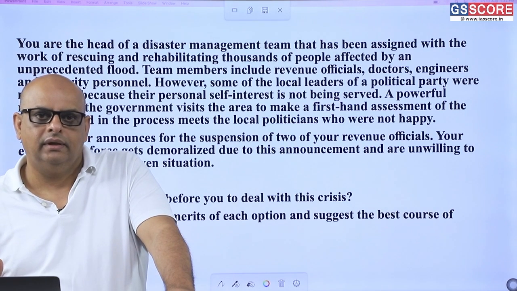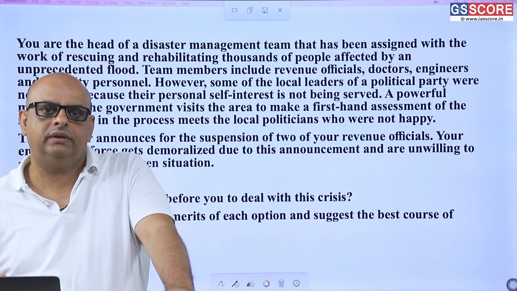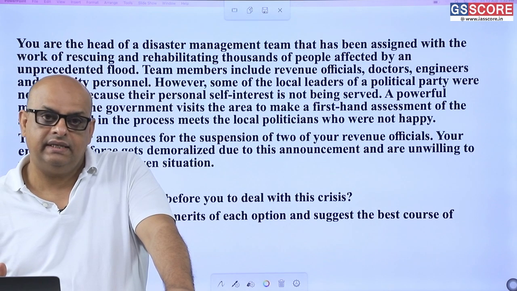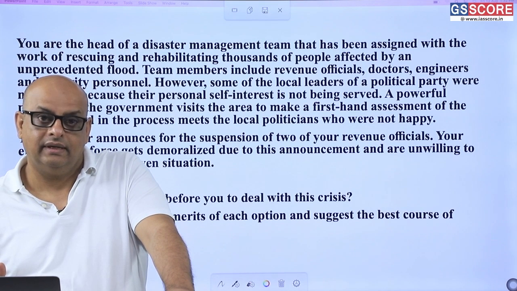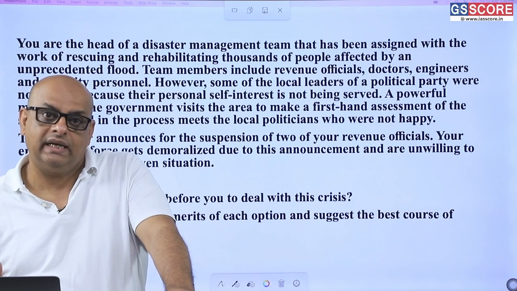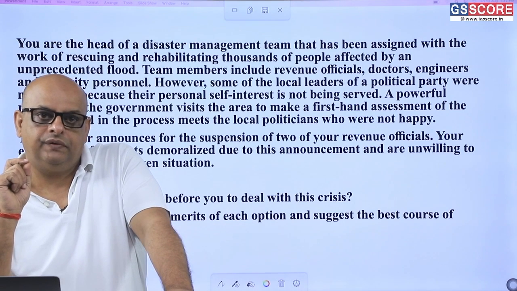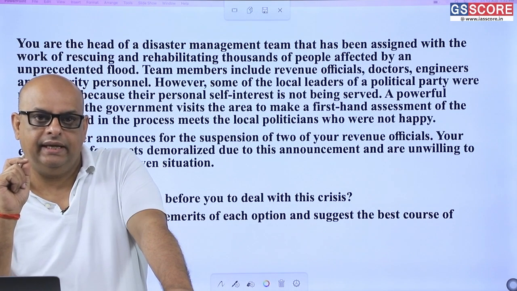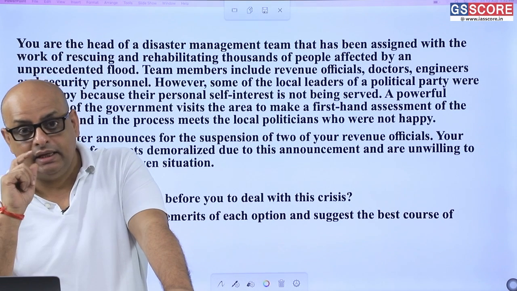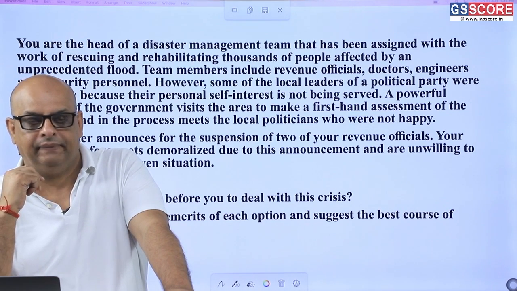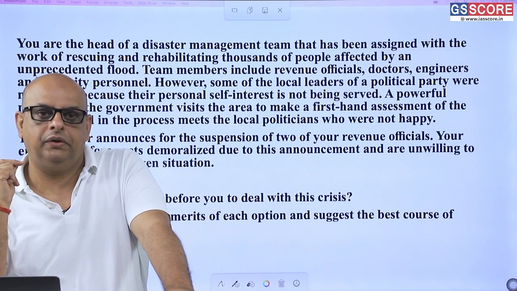Because then only will you understand what is the objective or goal that you want to achieve. What are the constraints in this case? And who are the stakeholders and what are their claims and interests? Whenever you think of a stakeholder, always think of their claims and interests. Then only can you think of the alternatives and choices. Then only will you get the clue very quickly.